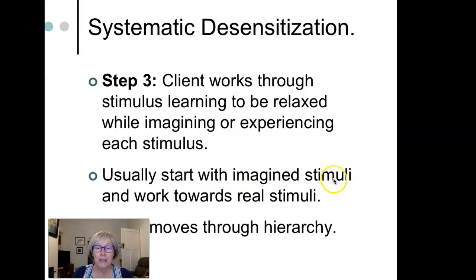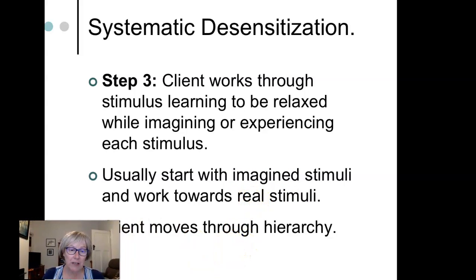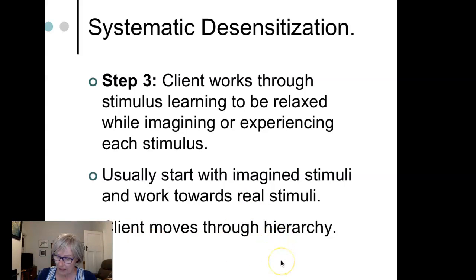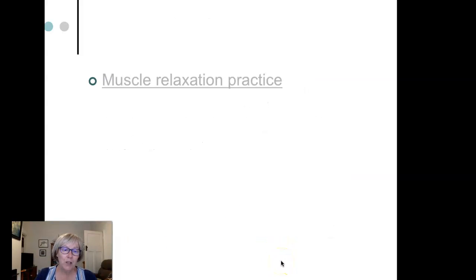So usually we start with getting the person to imagine the phobia, and really to make sure it works, you really want to be working towards real stimuli, and your client works through the hierarchy as they go.